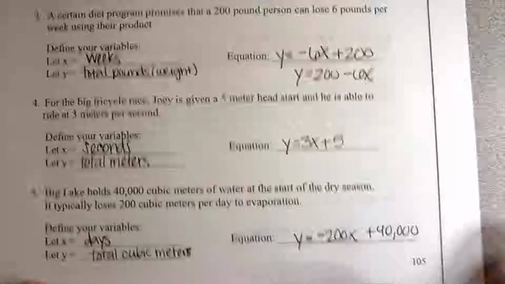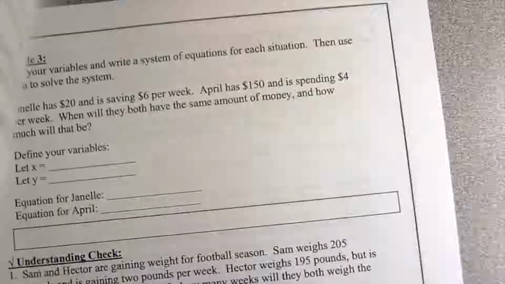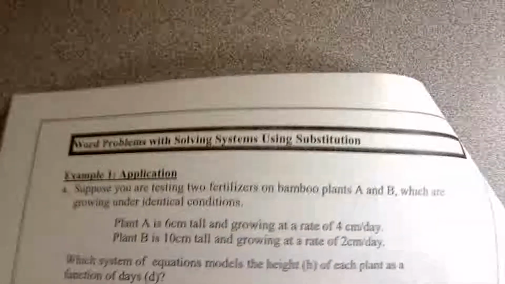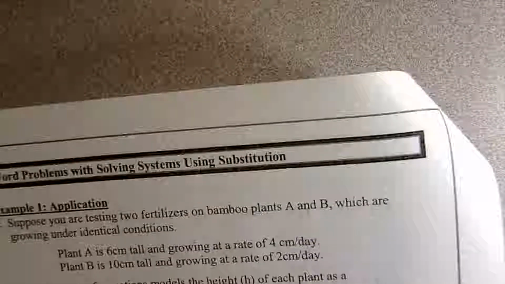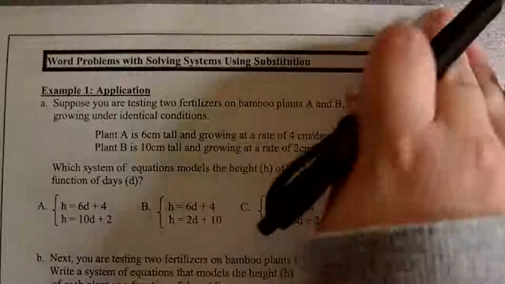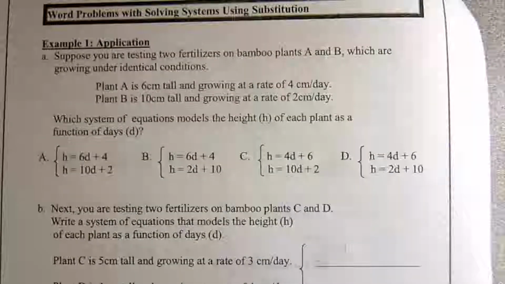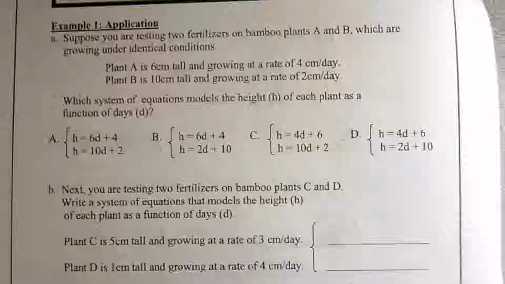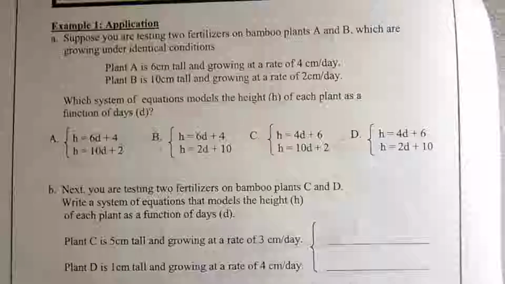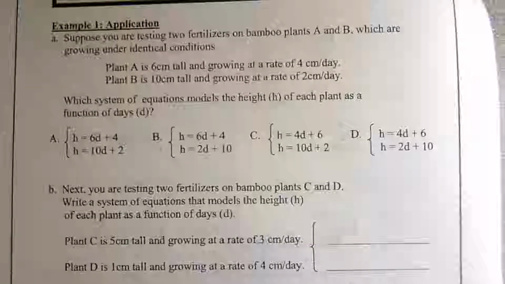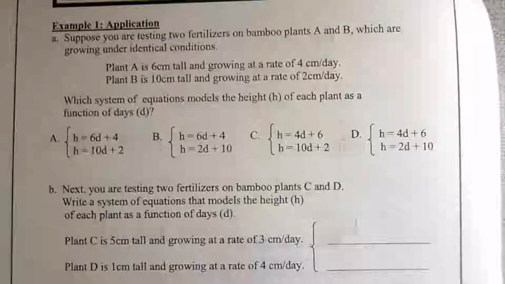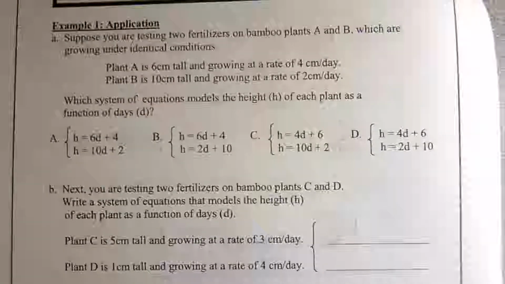Alright, next page. Now we're going to apply this review to systems of equations. Suppose you are testing two fertilizers on bamboo plants, A and B, which are growing under identical conditions. Plant A is 6 centimeters tall and growing at a rate of 4 centimeters per day. Plant B is 10 centimeters tall and growing at a rate of 2 centimeters per day.